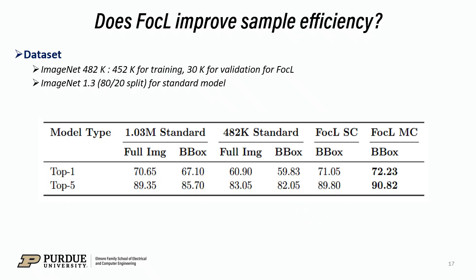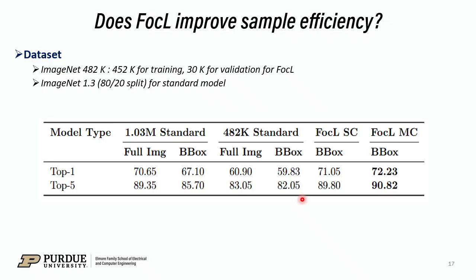So here we show 4 different baselines, but the main comparison is between FocL single crop and the standard model, which sees more than twice the number of samples for training. What it shows is that even with more samples, it cannot match the top 1 and top 5 of a foveated method, which sees more correct features that are required for correct classification.